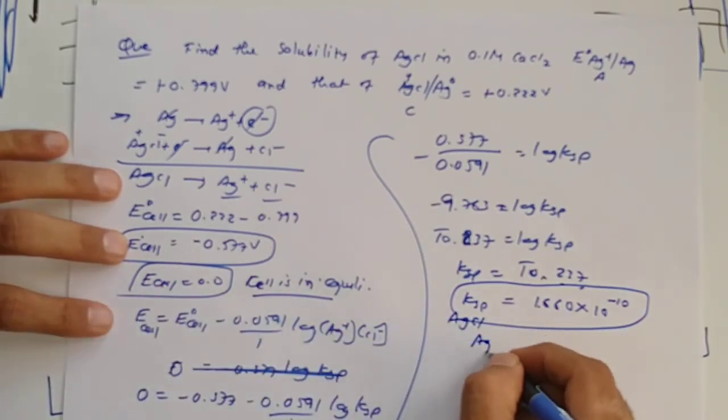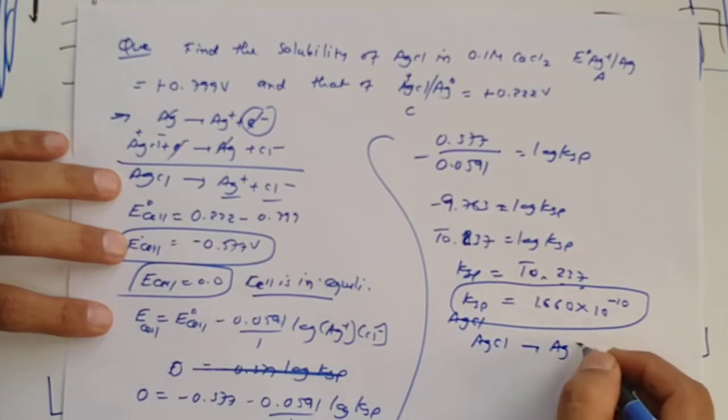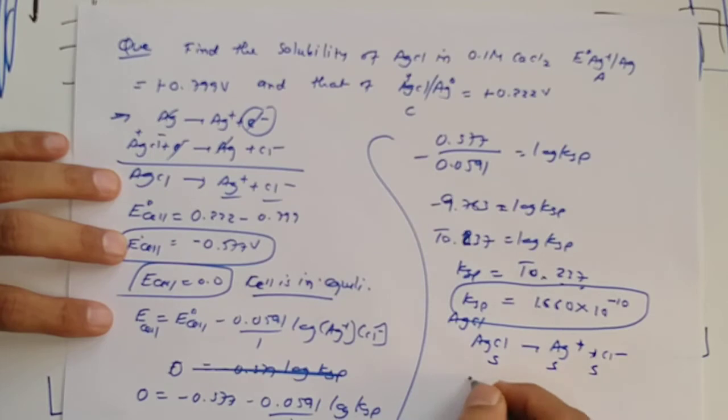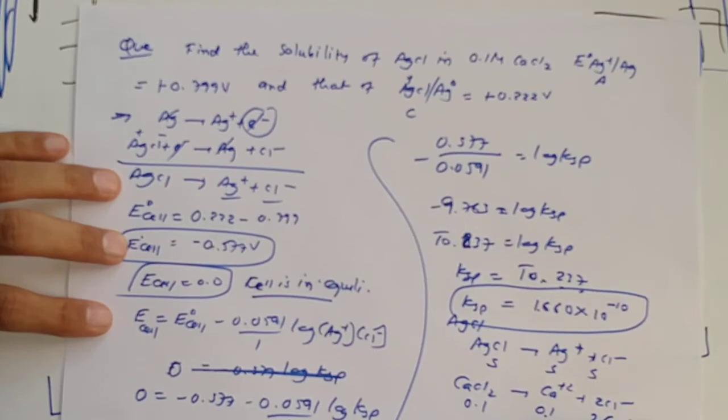Now solubility of AgCl we don't know, so here assume it is S, in presence of calcium chloride. Calcium chloride is 0.1, so 2 into 0.1, total 0.2.